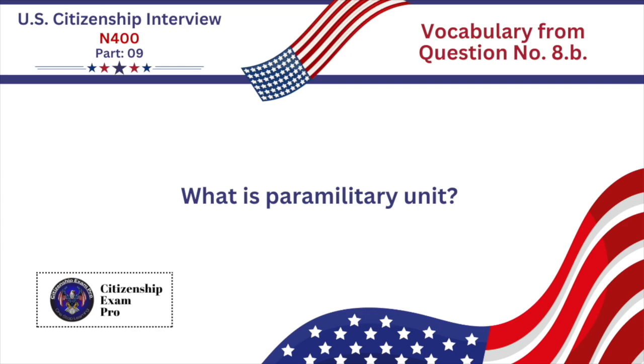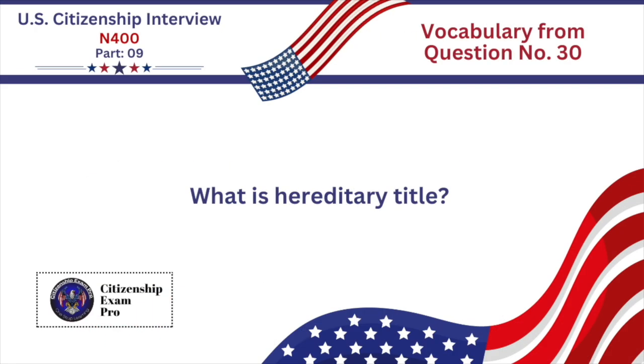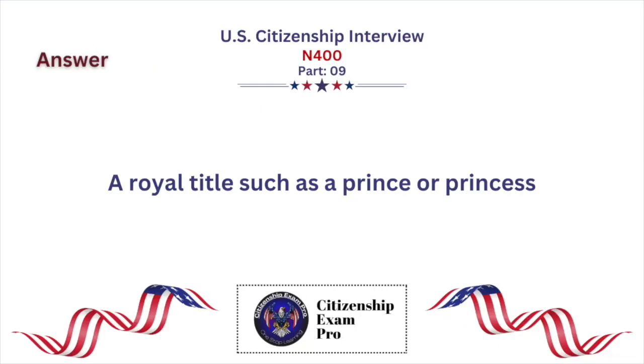What is paramilitary unit? A group that acts like the military but is not official. What is hereditary title? A royal title, such as a prince or princess.